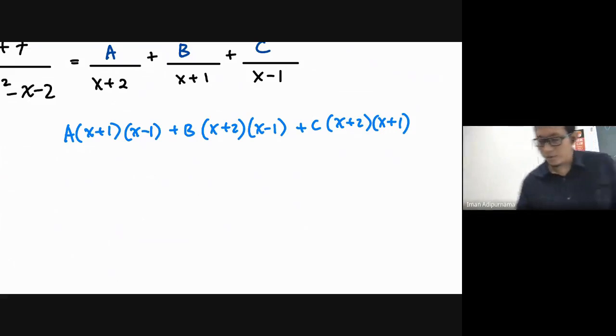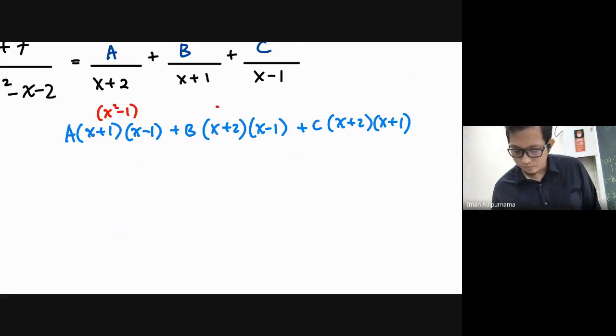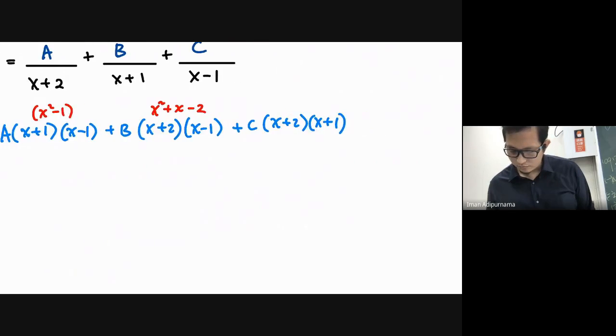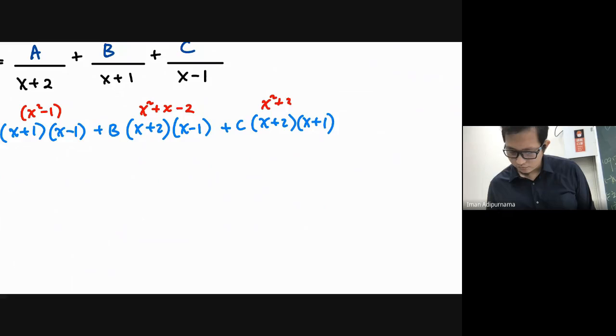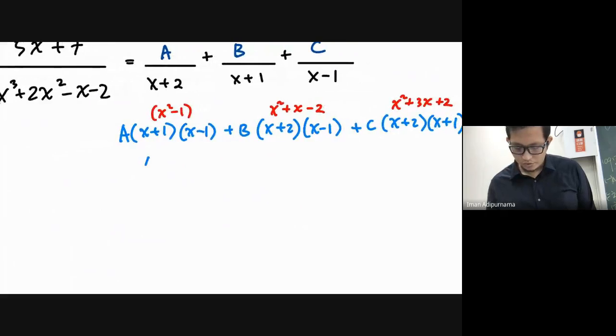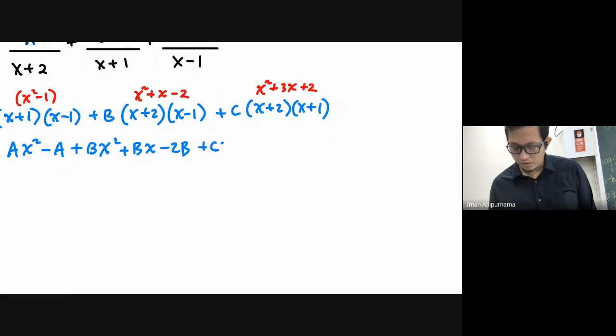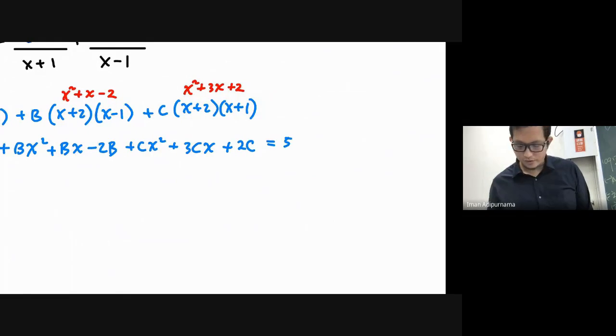So it will be A x squared minus A plus B x squared plus B x minus 2B plus C x squared plus 3C x plus 2C. And this should be equal to 5x plus 7.